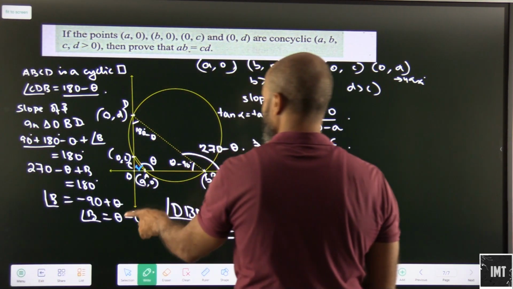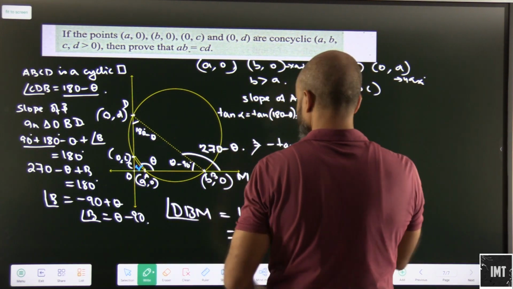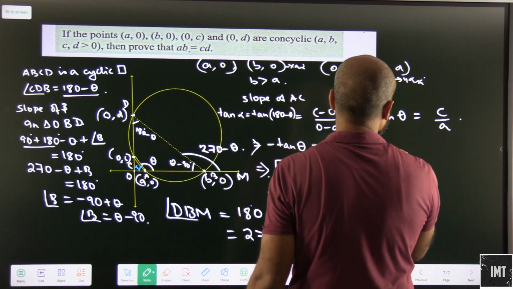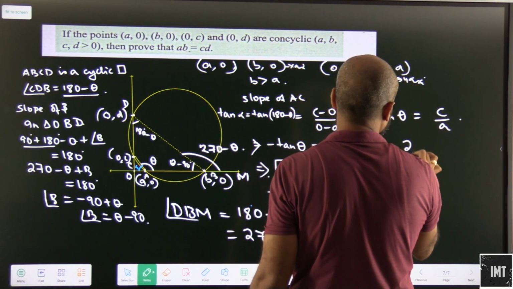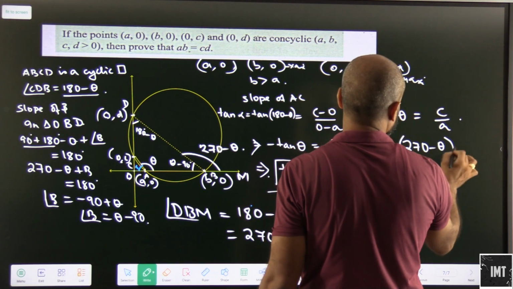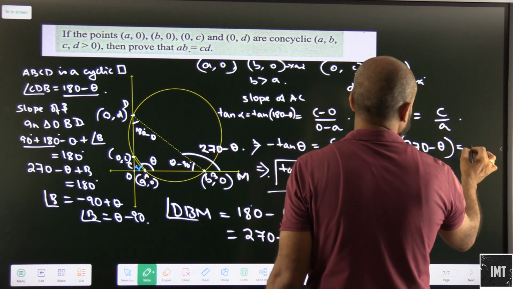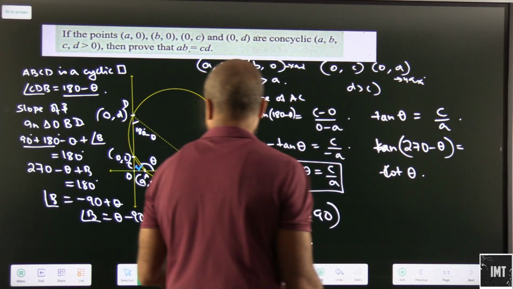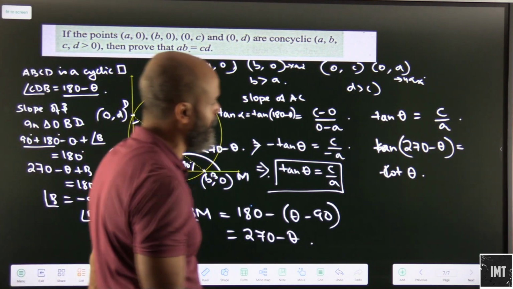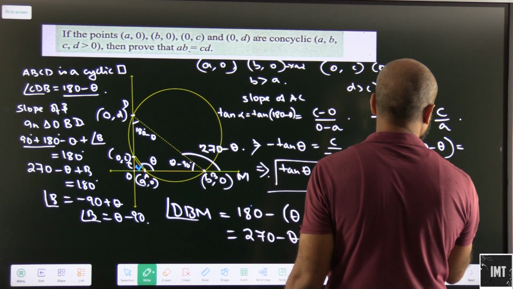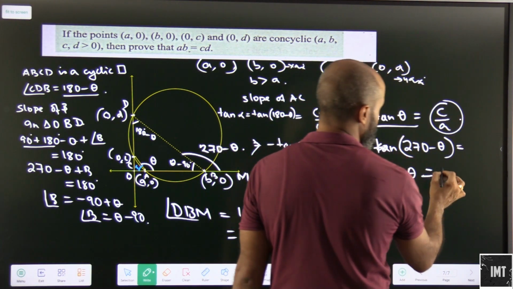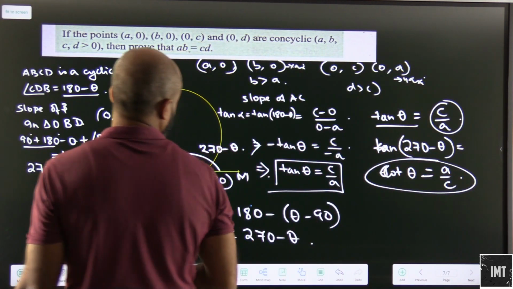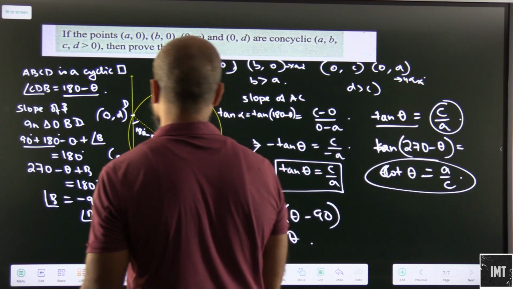We have already found tan theta is equal to C by A. So tan of 270 minus theta is going to be cot theta. Tan 270 minus theta lies in the third quadrant, so it will be positive. So cot theta, if tan theta is C by A, obviously cot theta will be A by C.